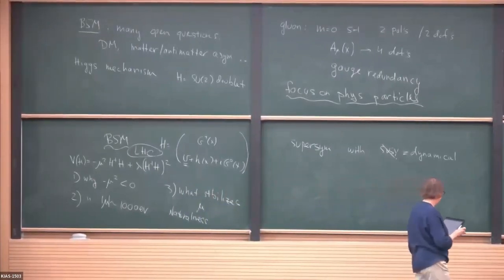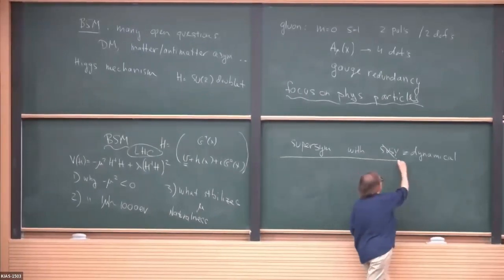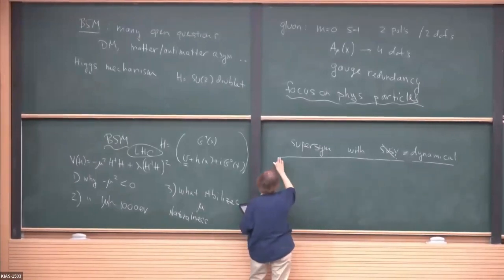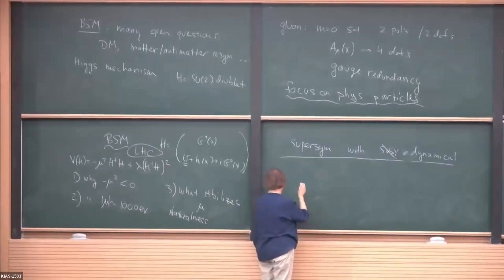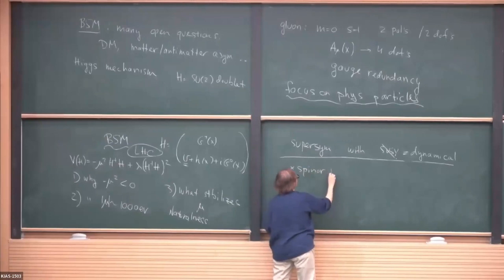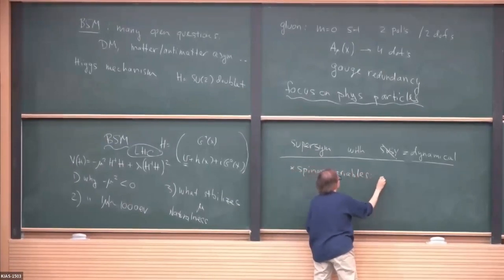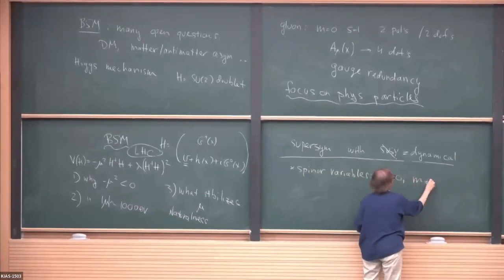Okay. So we'll need to go through the basics of amplitudes. And what I will start to do today, and it's going to be quite a lot of work, is we're going to describe spinor variables. We'll do the massless and the massive case together.